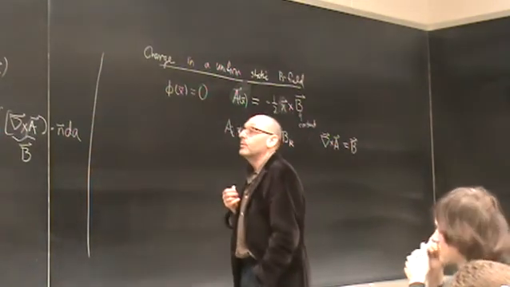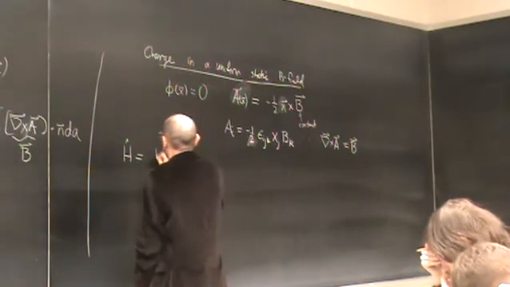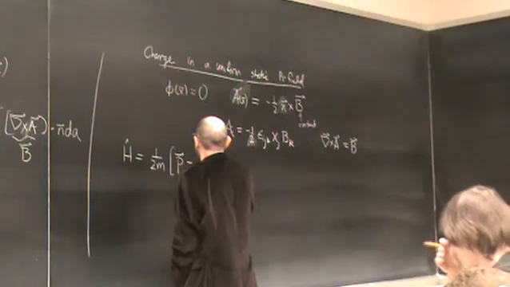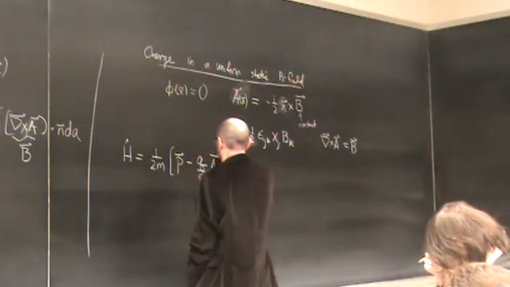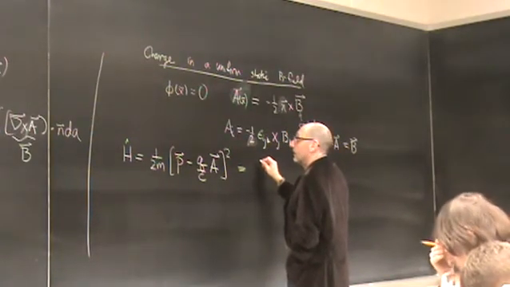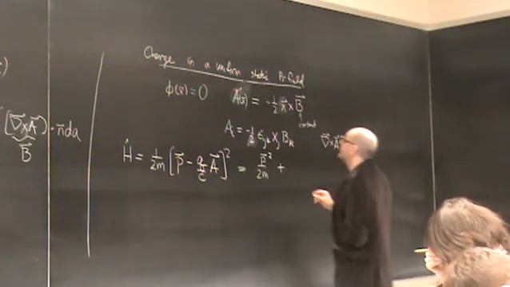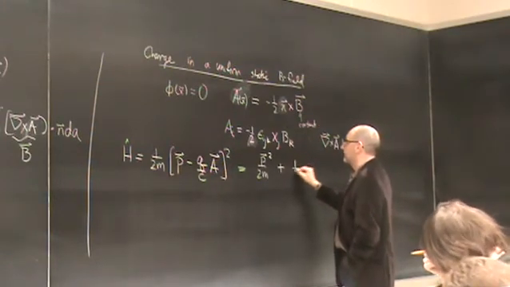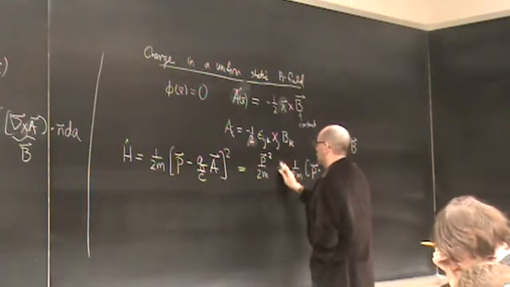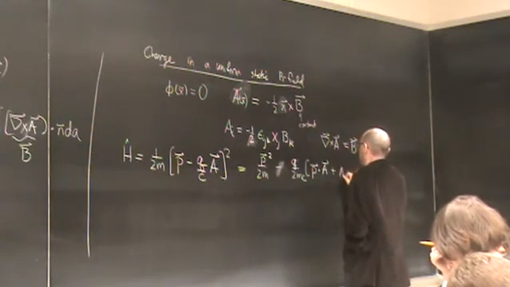So now my Hamiltonian for this problem is 1 over 2m (p minus q over c A) squared, which is equal to, as we wrote down over there, p squared over 2m plus 1 over 2m times minus q over c, p dot A plus A dot p.